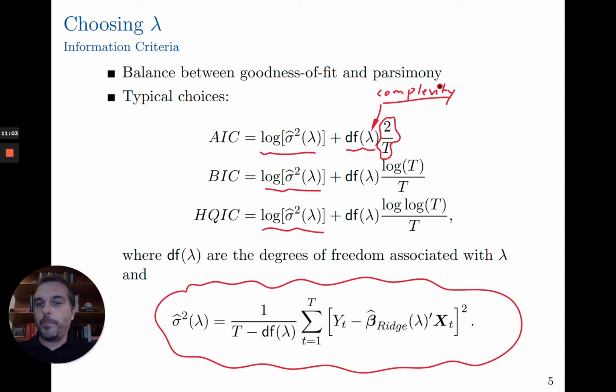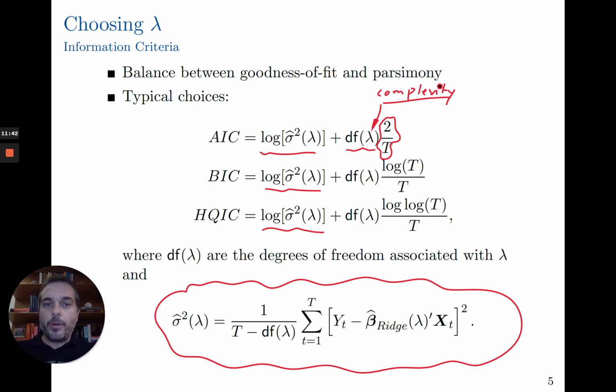BIC, or the Bayesian Information Criterion, also known as the Schwarz Information Criterion, is log T over T. So the log of the number of observations that we use to estimate the model, divided by T. Or the Hannan and Quinn, that's log of log T over T. So these numbers don't come out of the blue. There's a whole theory behind them, and depending on the assumptions involved, you get different numbers.